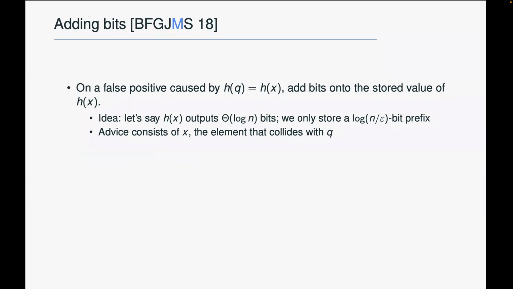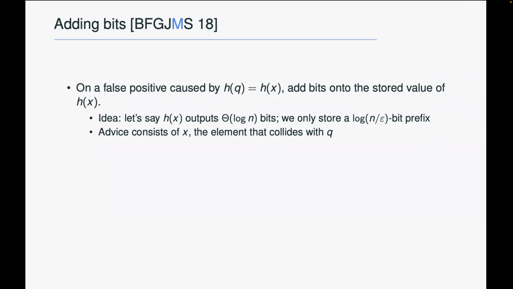Here's a little more specifically what I mean. Let's say I have a false positive. In a single hash filter, a false positive is caused when the hash of the query is equal to the hash of some element that I'm storing in my set. We're just going to add bits onto this stored value for the element in my set.